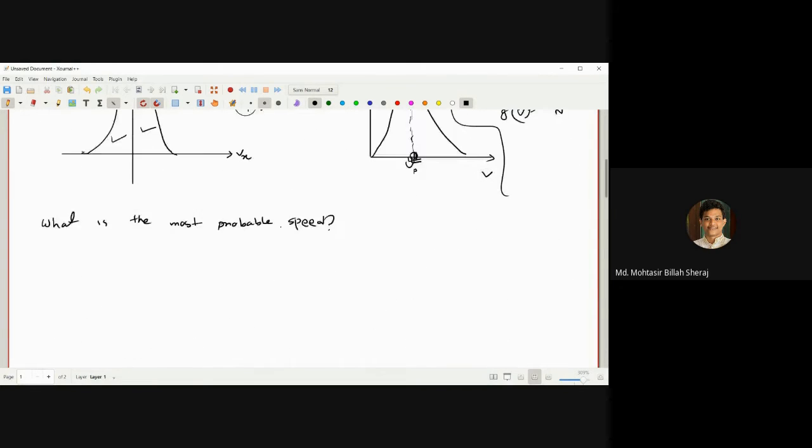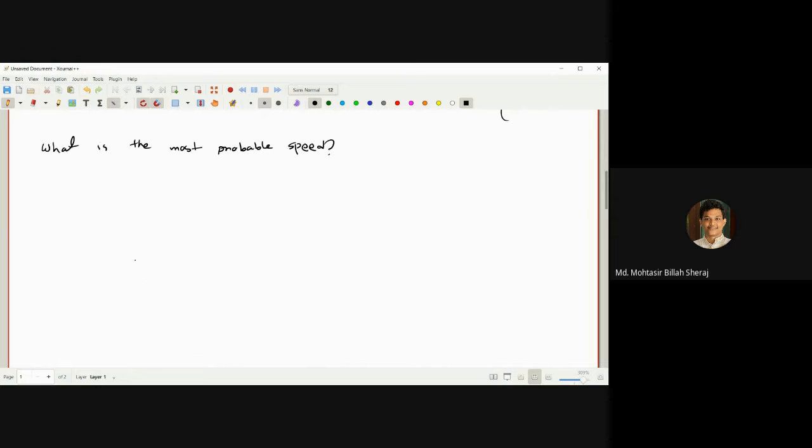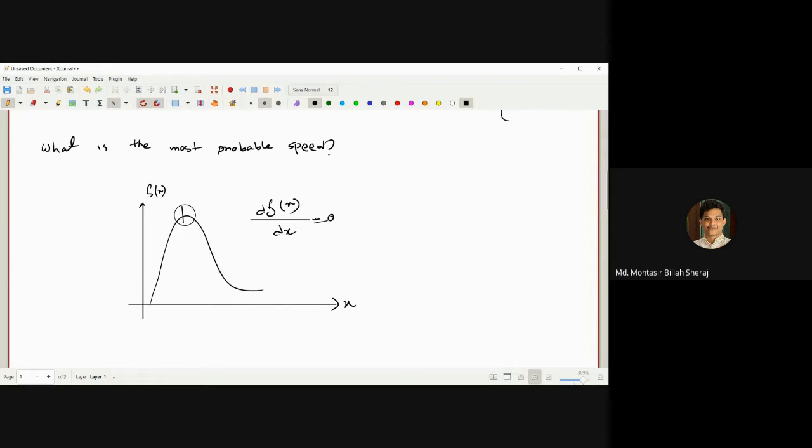If you have a function like this, its peak point can be calculated from this. So this is f(x), this is x, df(x)/dx equals 0, and from here you can find the value of x. This is from calculus, we know this.